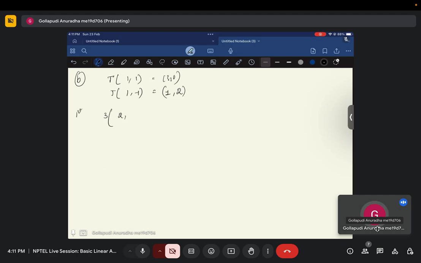So for the first column you have to do a linear combination, and the second column will again be a linear combination of B. So you'll get 6 comma 3 here, and here you'll get 0, 3.